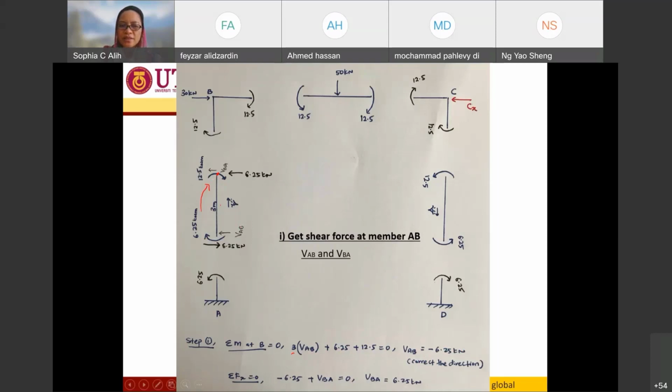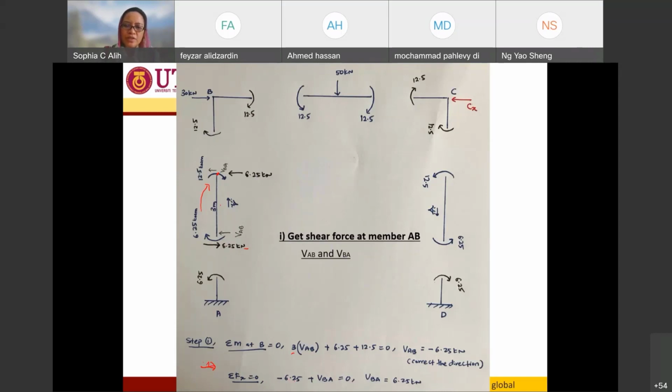So what that means is that the direction that I assumed before is wrong. So I have to correct the direction to be from here to here, 6.25. So this is the correct direction and value of my shear force at member AB. Now, in order to balance it, I can just use the simple equilibrium, total Fx equal to 0. So I assume this direction as positive, and sorry, the direction of this one to be negative.